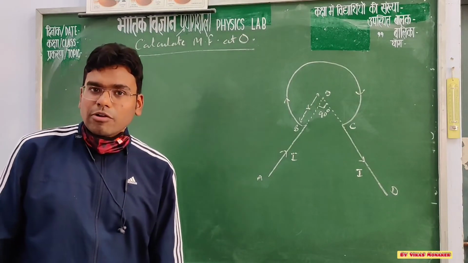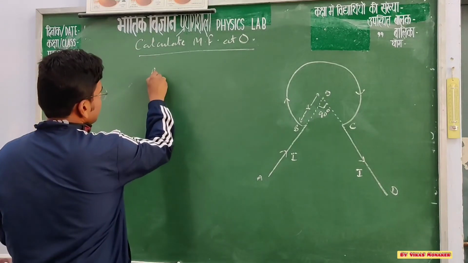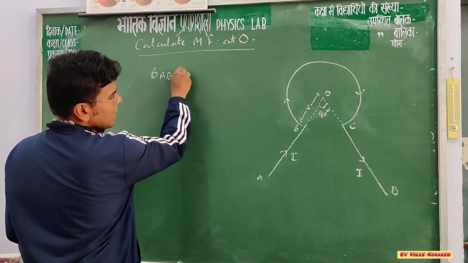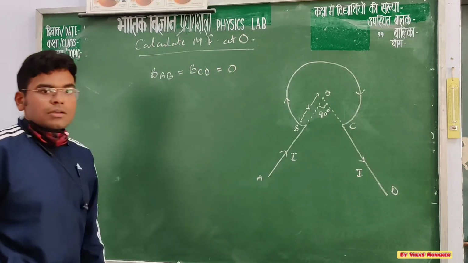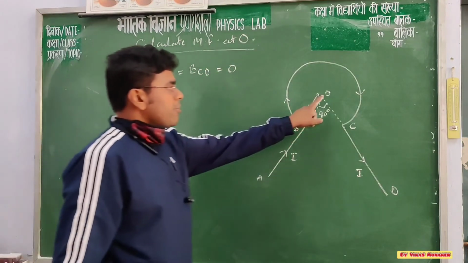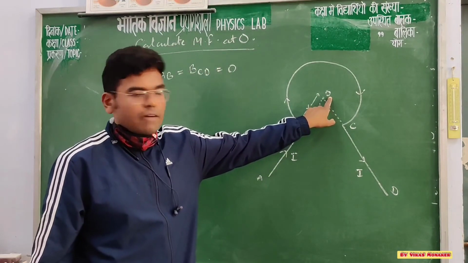If you apply Biot-Savart law, you are going to get 0. So the contribution of AB and CD will be 0.